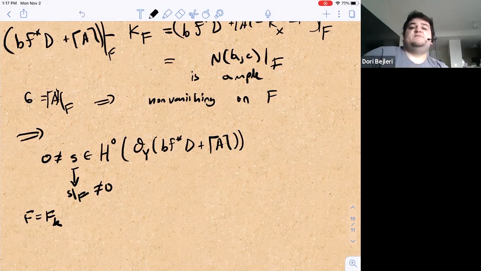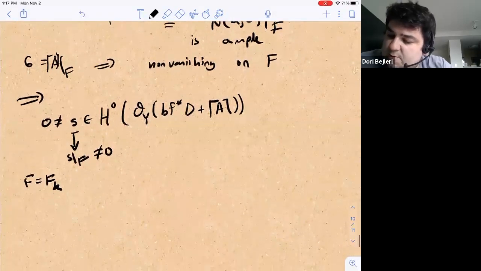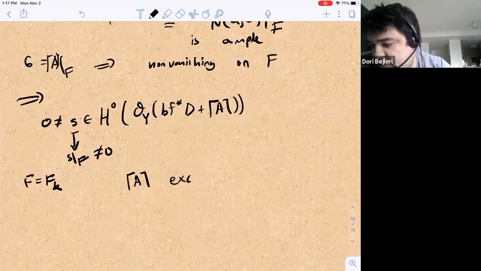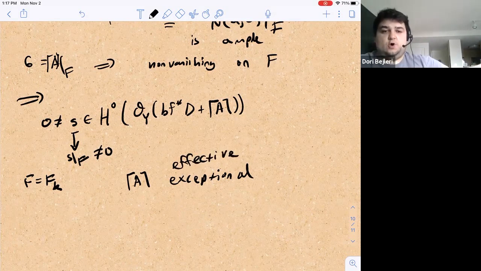And now the issue is that we have this plus A. So the last observation is that the roundup of A is actually exceptional, and this was just like before. So it's effective. We know it's effective, and it's exceptional as well, just like before, because the only divisors that are going to appear with coefficient strictly bigger than 0 are the exceptionals, because those are the ones that could possibly have discrepancy bigger than 0.